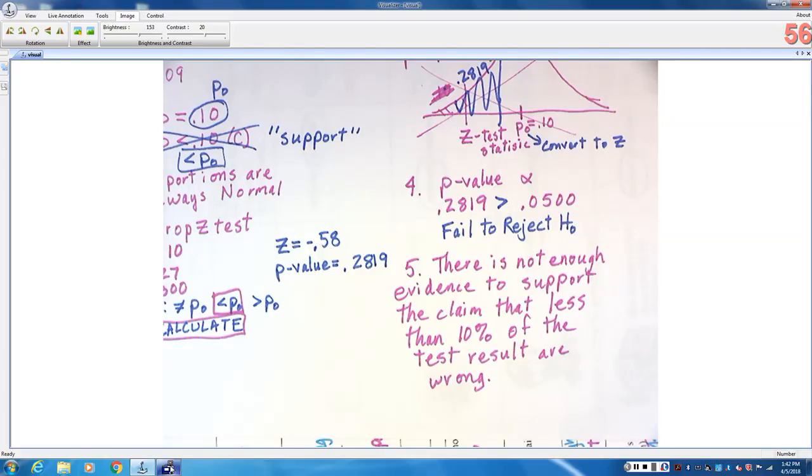The decisions, you always compare the p-value and alpha. Okay, so the p-value is 0.064. And our alpha was 0.01. And then this step we're just comparing.